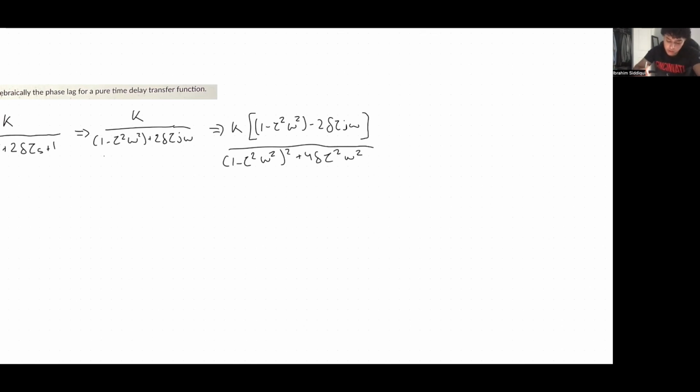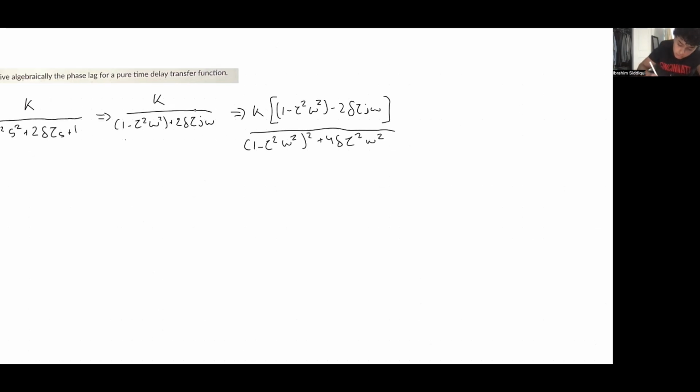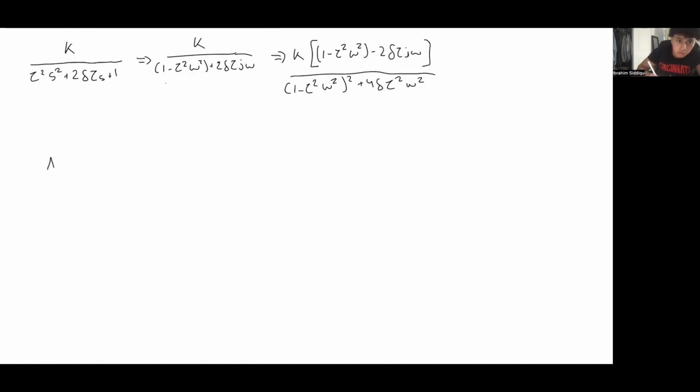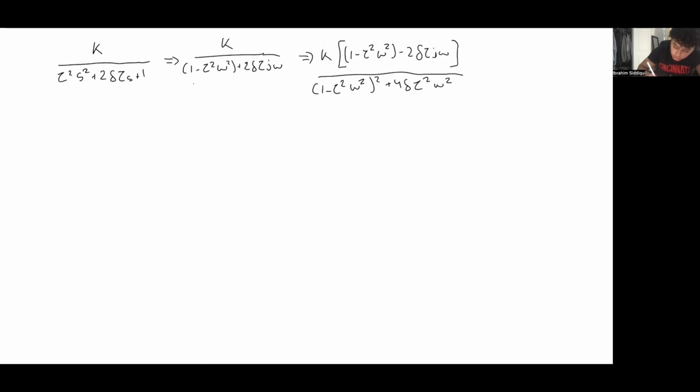Okay, now from this we want to take our amplitude ratio of this function.